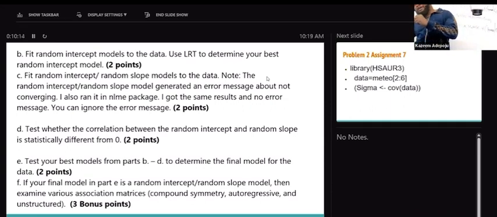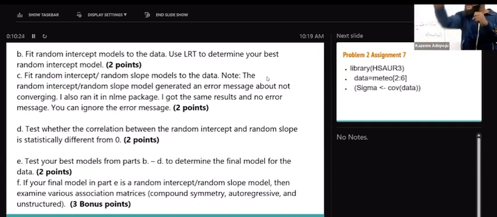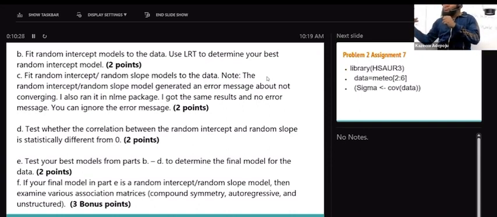Alternative will be correlated. That is what he asks you to test: whether the correlation between that is statistically different from 0. If I want to test that, it means I'm comparing 2 models, both of them random intercept, random slope. One correlated, the other one uncorrelated.